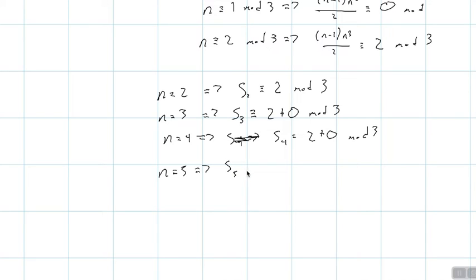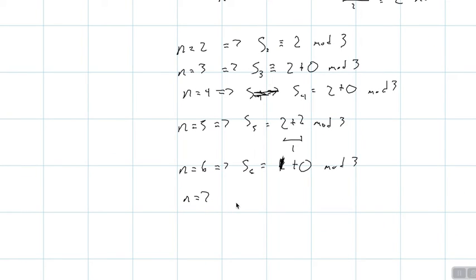S sub 5 is equal to the 2, but now n is 2 mod 3, so we're going to add a 2. 2 plus 2 mod 3, that's 1. So again, not divisible by 3. N equal to 6. S sub 6 is equal to 1, and this term is going to be 0, so we get 1 again.